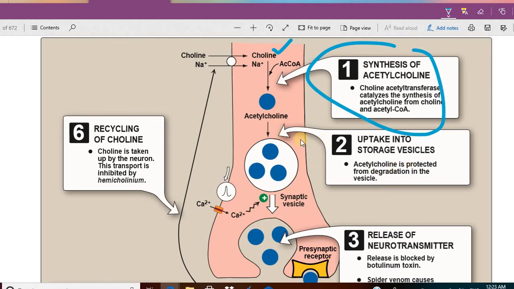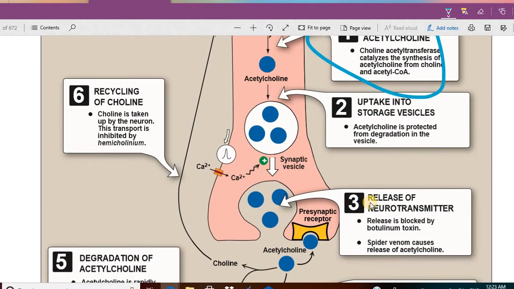So acetylcholine जो है वो स्टोरेज वेसिकल्स के अंदर चला जाएगा. अब स्टोरेज वेसिकल के अंदर से ये रिलीज कैसे होगा? Release of neurotransmitter. Release is blocked by the botulinum toxin.